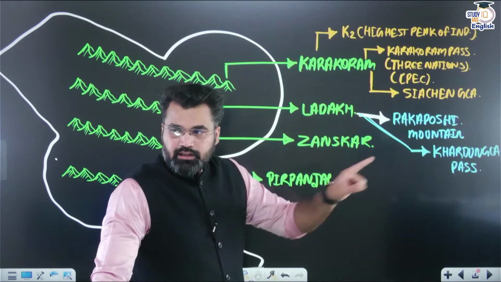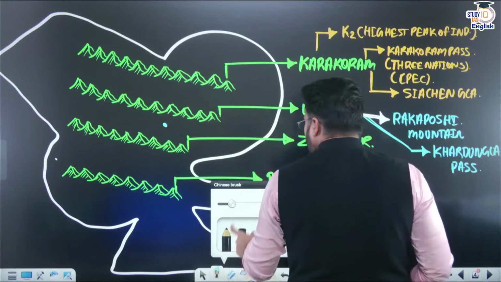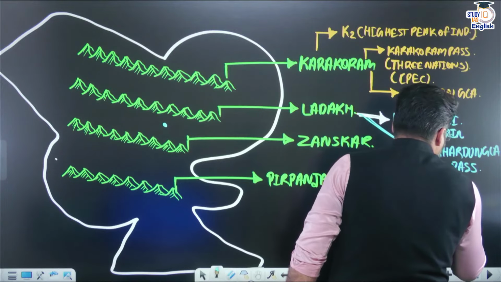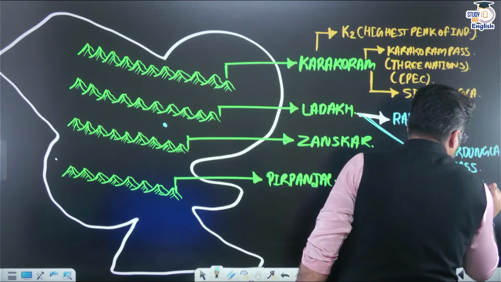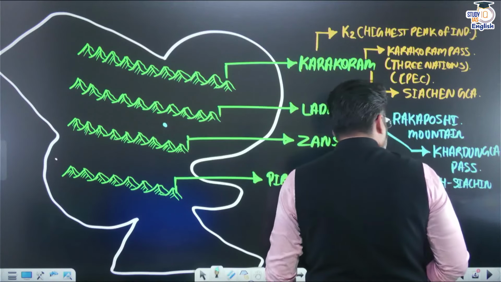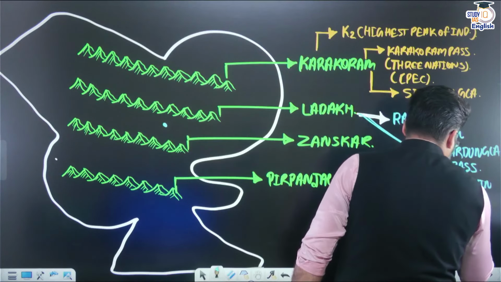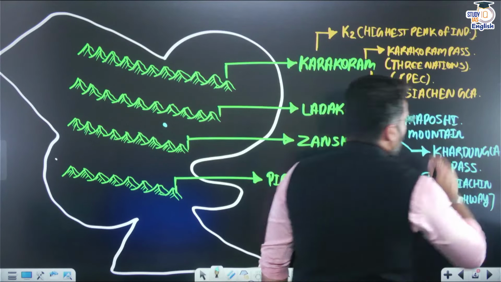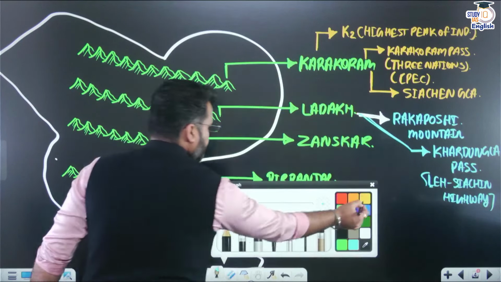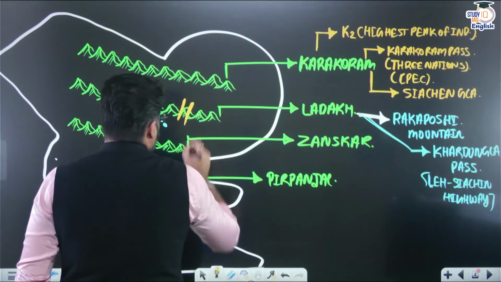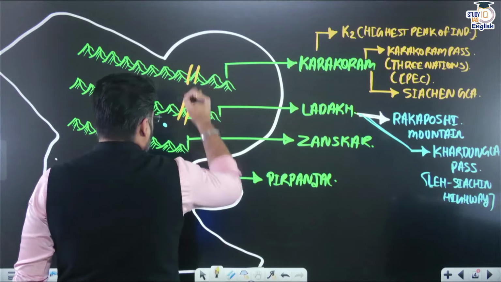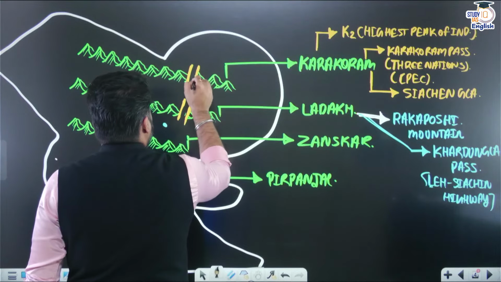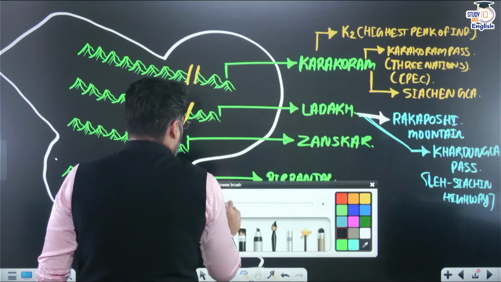Write down which national highway passes through. Let me make that diagram. This side is Karakoram, this side is Khardungla Pass. I hope things are clear now.